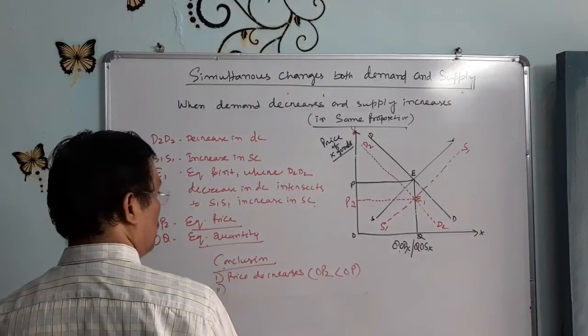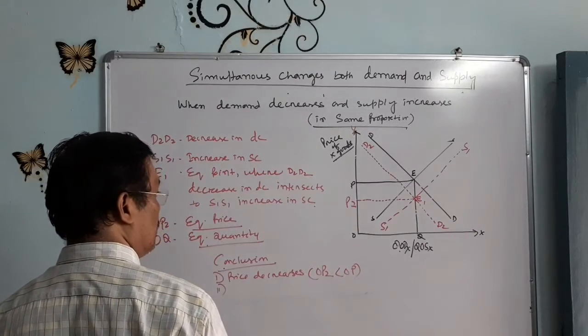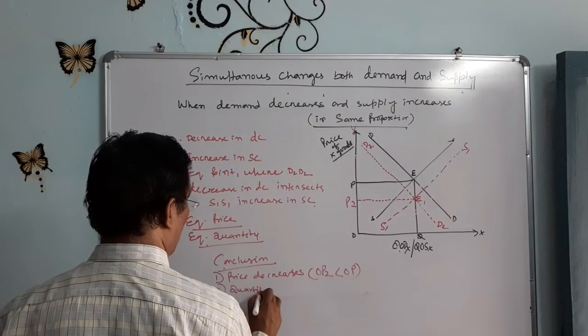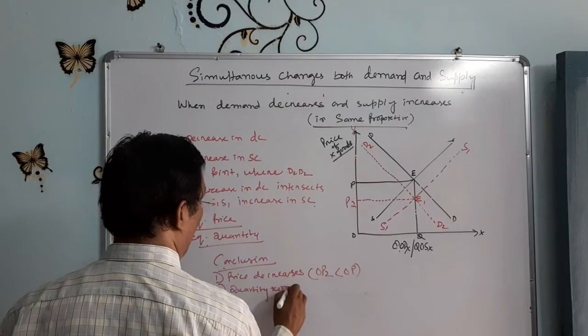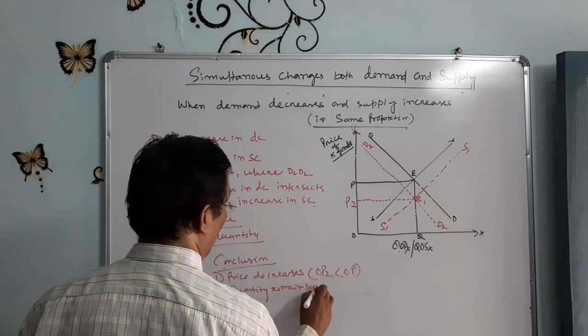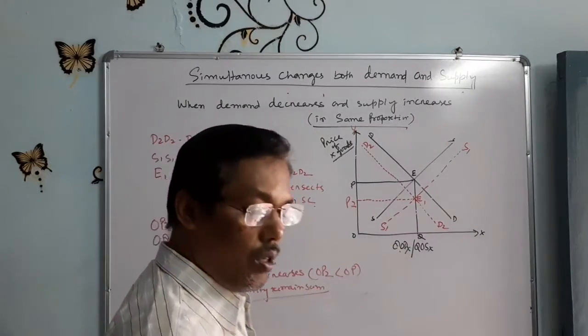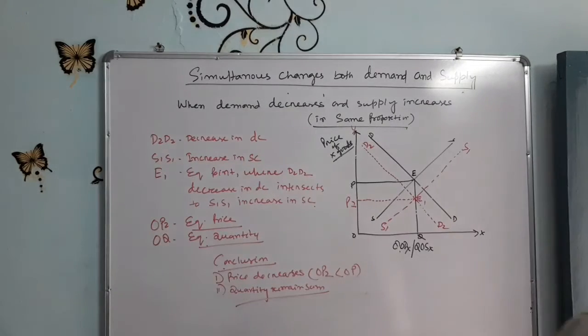And number 2, quantity remains same. What was the previous OQ? Now it is also OQ. So quantity remains same. So what are the changes now? The change is that only price decreases and quantity remains same.